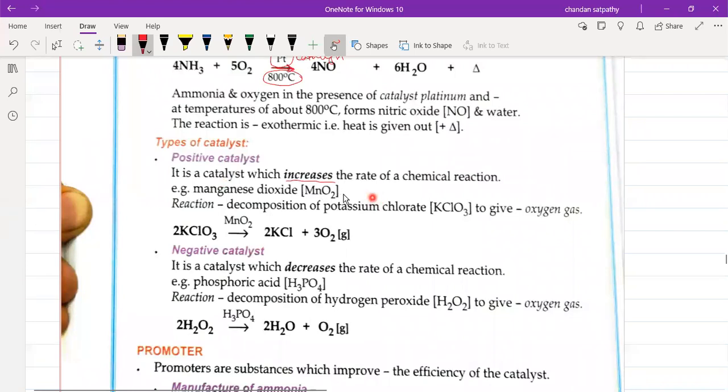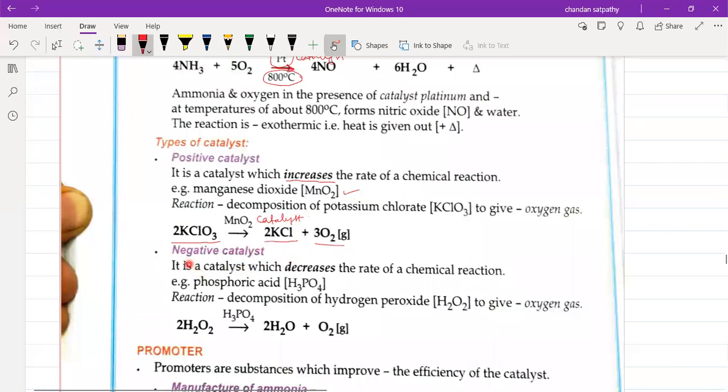For example, manganese dioxide. Potassium chlorate, when heated, forms potassium chloride and oxygen. But it's a very slow reaction. If we give manganese dioxide as a catalyst, then this reaction becomes a little bit faster.